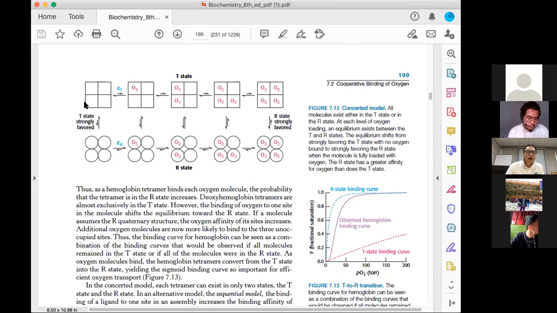When there is no oxygen, the hemoglobin tends not to bind oxygen. But when oxygen is binding right here, only one molecule, you can see the arrow is going to change. It becomes more favorable to bind oxygen.